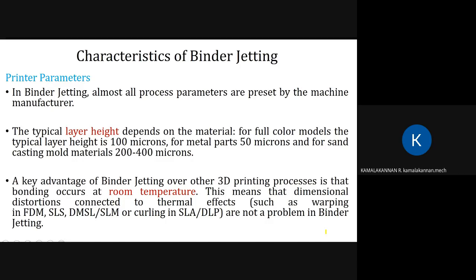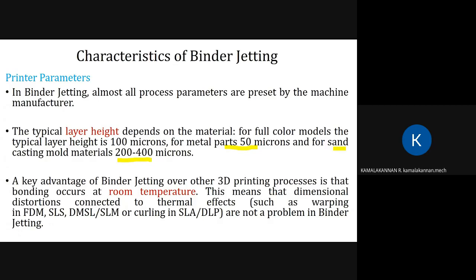Depending upon that, it will be preset already. For metal parts, the layer height is around 50 microns, and for sand it is about 200 to 400 microns. So this is how it will be used here.